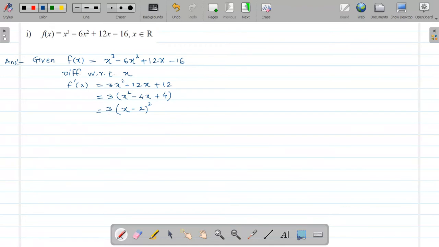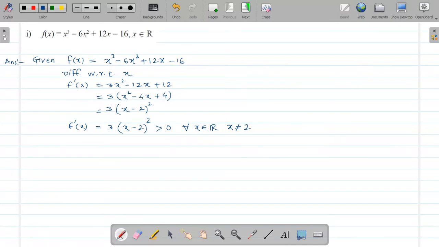So you can say that our modification of f dash x is 3 into bracket x minus 2 square. 3 is positive and x minus 2 square is also positive, greater than 0 for all x belongs to R, except x equal to 2, because for x equal to 2 it will become 0.